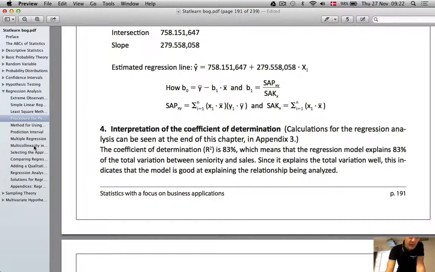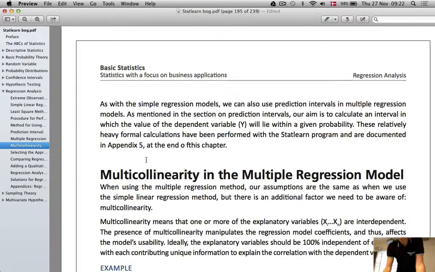If we are doing an analysis with multiple regression, then we should also look for multicollinearity. That means that we should check if the different explanatory variables covary together, if they had a high degree of correlation. I think it's difficult to say when there's actually multicollinearity. That's difficult to check.